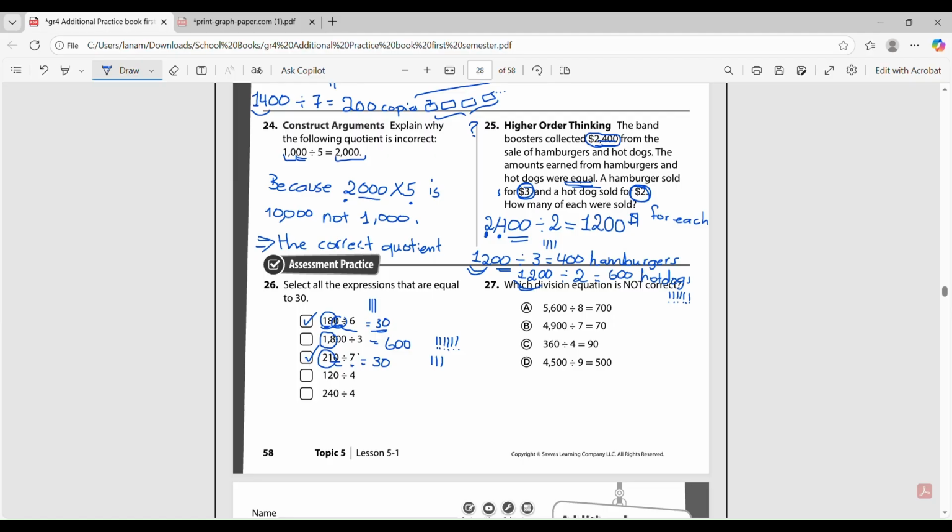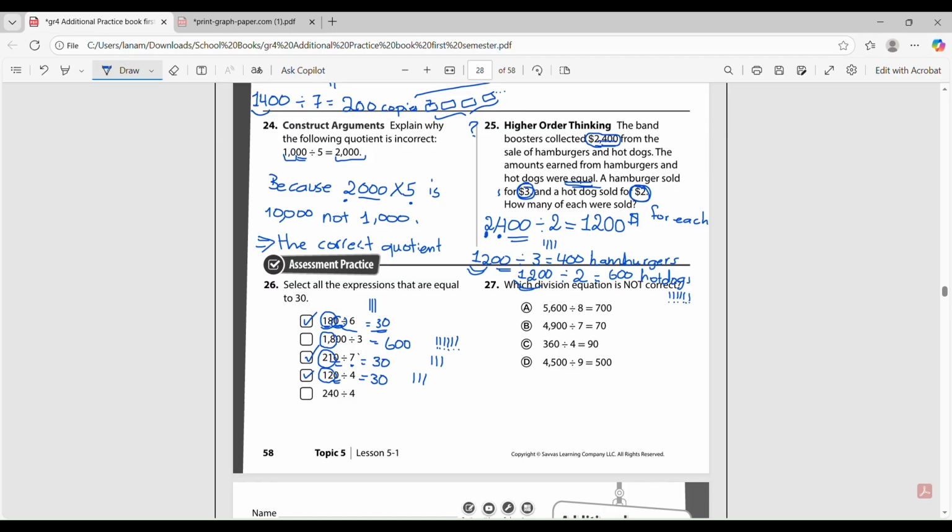Now the next one, 120 divided by 4. I have 12 divided by 4. So we'll skip count by 4: 4, 8, 12. How many counters? 3 counters. I still have a 0, so I will take it to the quotient. So 30. Is the answer 30? Yes. So the quotient is 30.